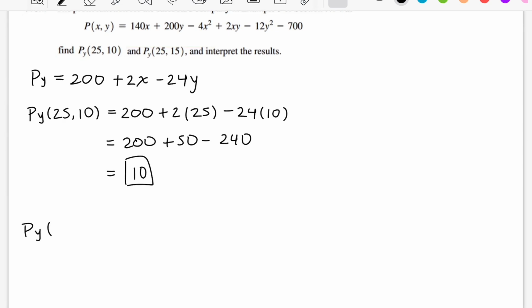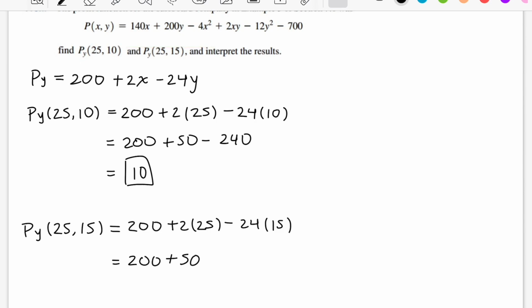We also want to evaluate this here. So in this case, we're going to plug in 25 for x again, but 15 for y. So we still have our 200 here and our 50 here, and then we're subtracting out 360. So our answer is negative 110 here.